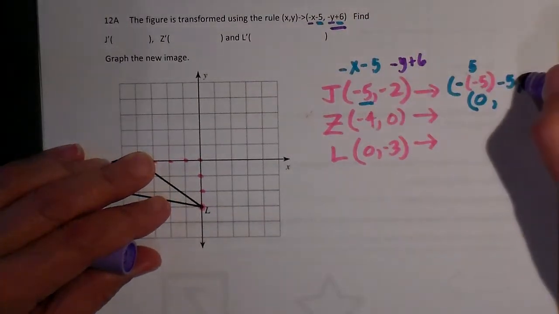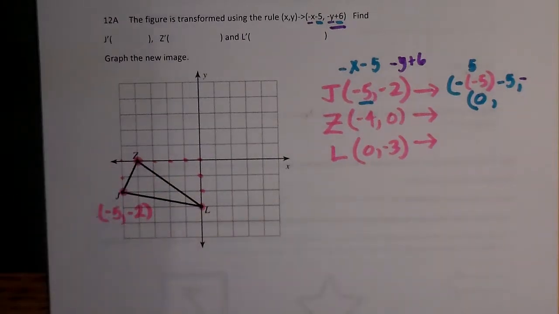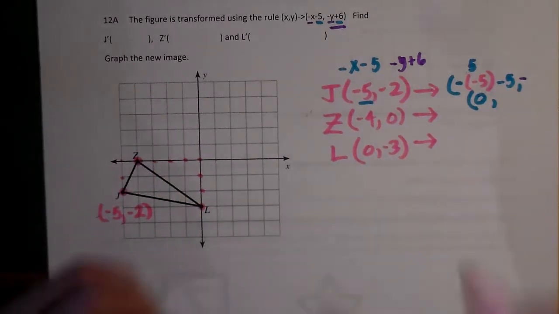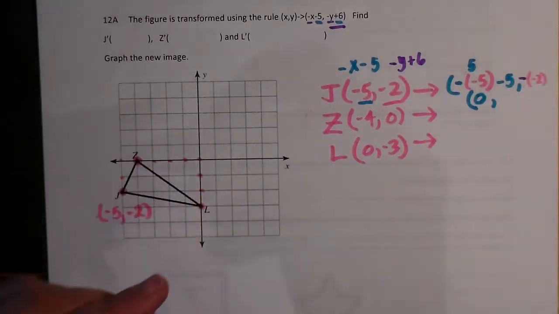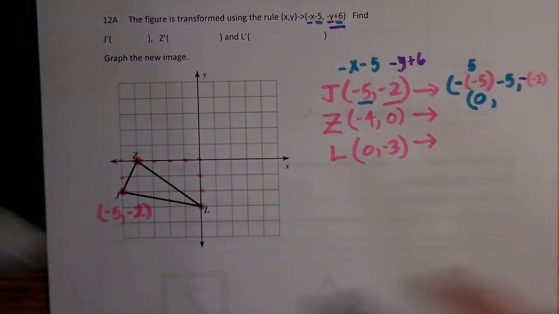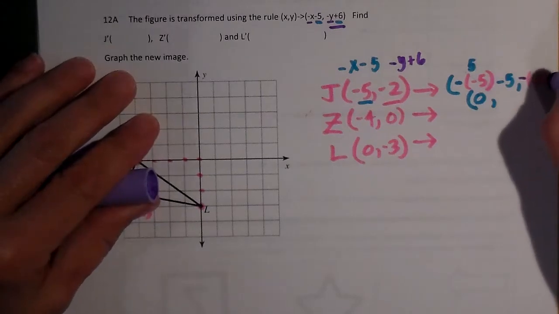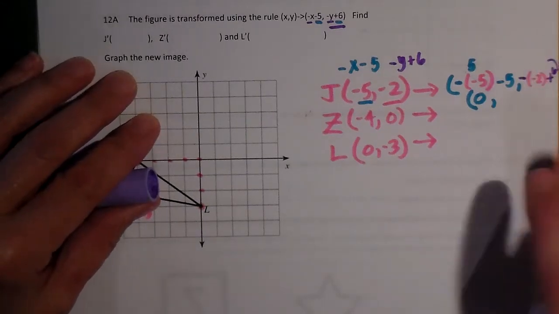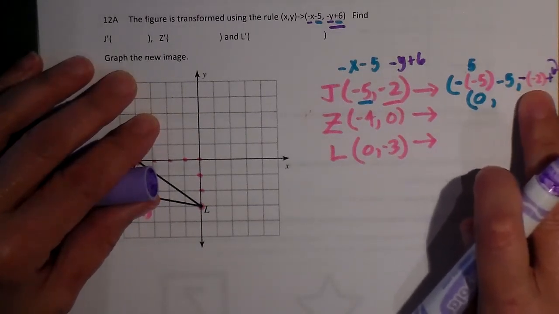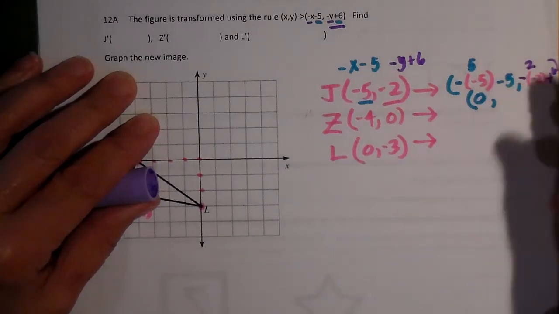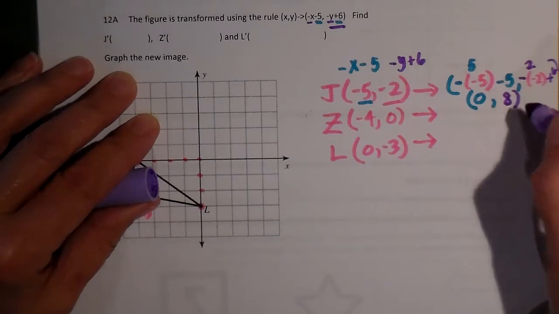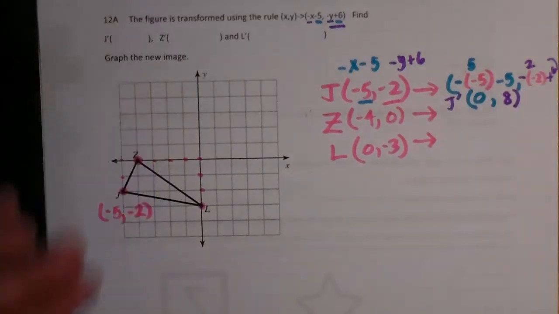So I'm going to do opposite of y, and if you look at the picture, or here, my y is -2. It's opposite of -2 plus 6. Sorry, it's a little small there. What's the opposite of -2? That's actually just +2, and then 2 plus 6 is 8. So that's my new J.